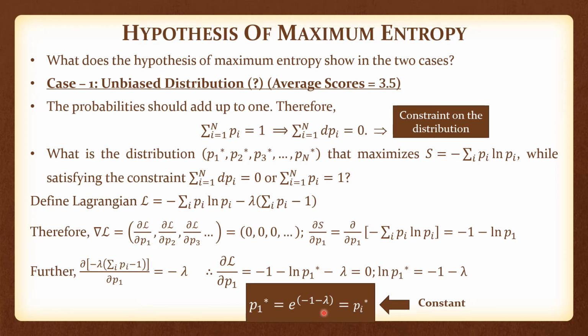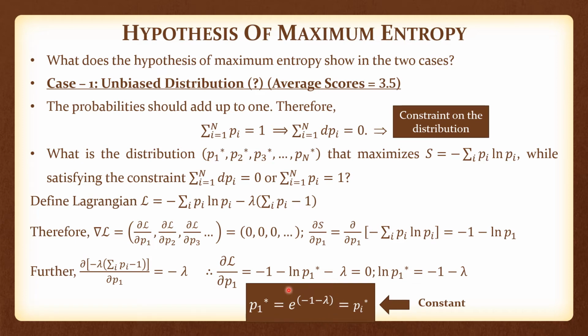One part of the outcome, what does the hypothesis of maximum entropy give when the distribution is unbiased, is, like how we looked at in coin toss, 4 coins tossed, all the 4 coins are equally likely, right? So that was the assumption that we started out with, unbiased distribution. So all the microstates have to be equally likely. All the probabilities of all those states should be the same.